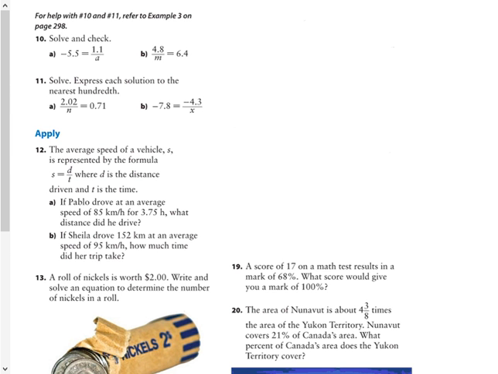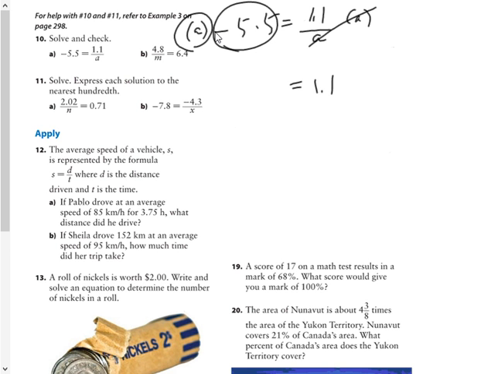So we have A: negative 5.5 equals 1.1 divided by A. Now these are one of those questions that some of you maybe have done, some of you haven't. So the first thing we're going to do is multiply both sides by A, to get rid of that dividing by A and leave me with 1.1 over here. And that seems weird, because now we have A multiplied by negative 5.5, which is the same thing as negative 5.5 times A, acting as a coefficient.